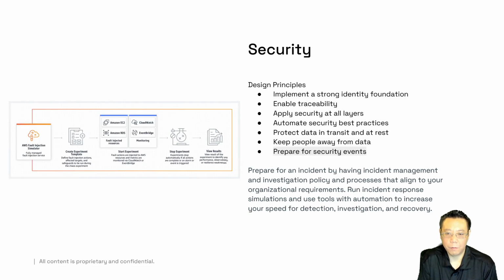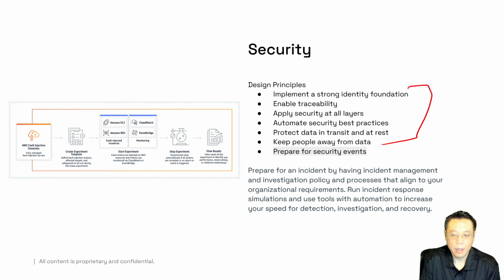Our final design principle for security is prepare for security events. We want to make sure that you are testing via penetration testing, and that you have all of the above, including visibility, principles of least privilege, security best practices, well-architected, high availability.